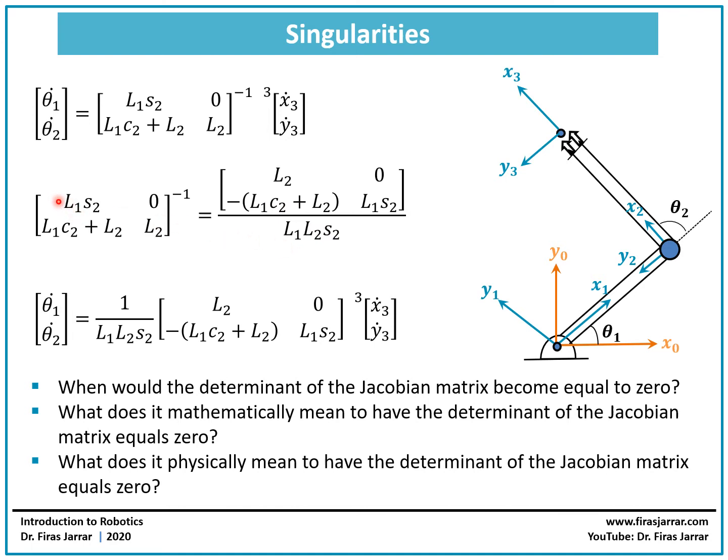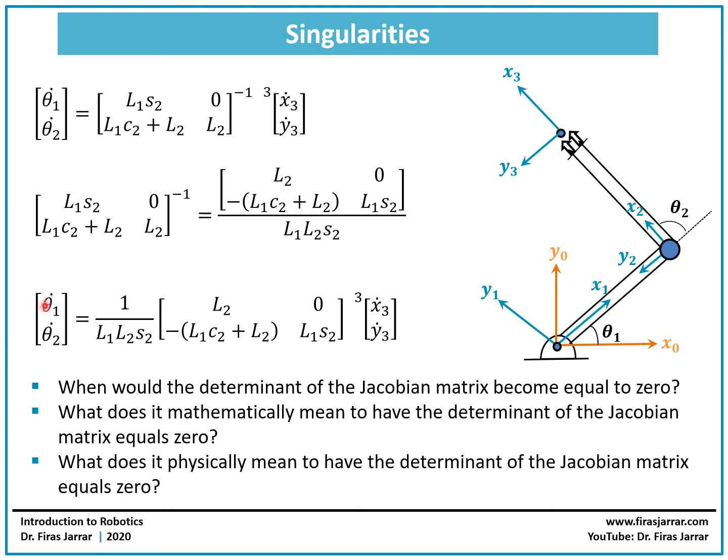The determinant is computed by multiplying L1 S2 by L2 minus the multiplication of these two elements. However, this is going to be 0, so simply the determinant is going to be L1 L2 sine 2, where sine 2 represents sine theta 2. So now we have the inverse, and we can write the equation explicitly.